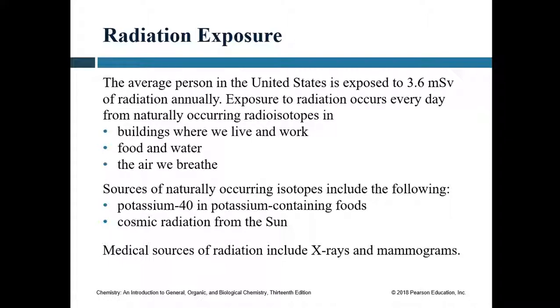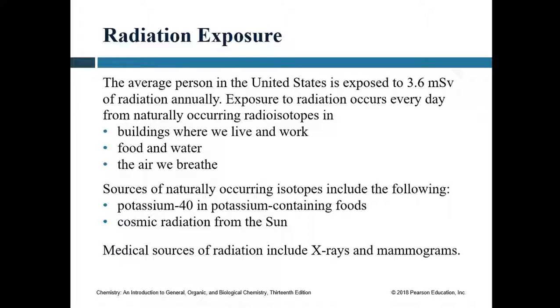The average person in the United States is exposed to 3.6 millisieverts of radiation annually. Exposure to radiation occurs every day, from naturally occurring isotopes in buildings where we live and work, food and water, the air we breathe. Heck, depending on your granite you're going to be actually exposed to a little bit, so don't freak out.